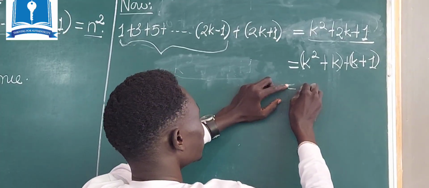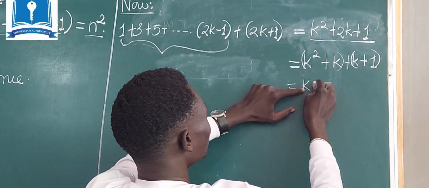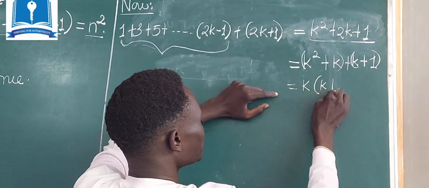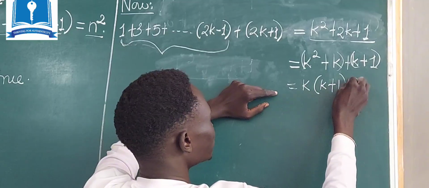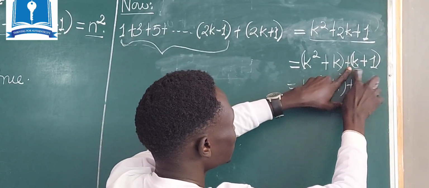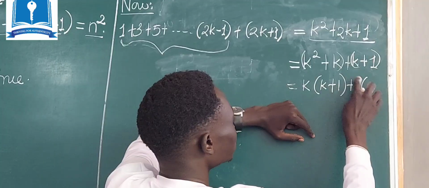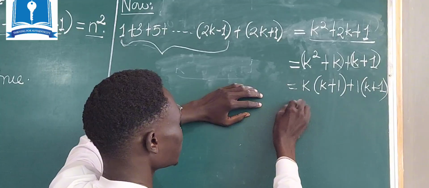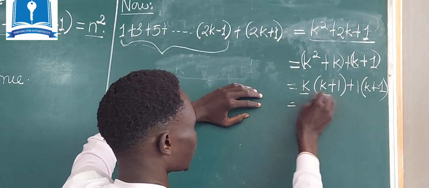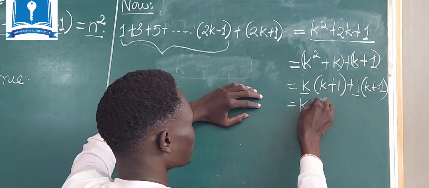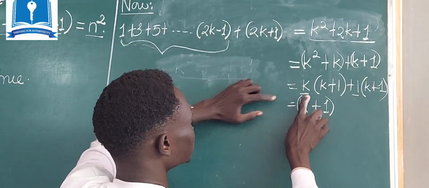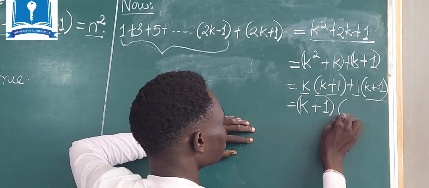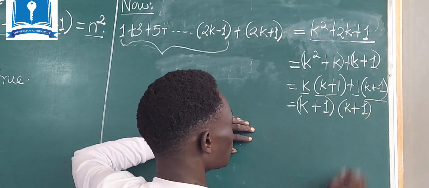So from here we are going to get k squared, you substitute this k, then from there we are remaining with 1k, then plus, here we are remaining with 1, then plus, here we are having 1. So from here we are getting k plus 1, of which now you take the outside numbers. We have k here, we have 1 here. So here we are getting k plus 1. Since this one and this one are the same, you take 1. So it will be k plus 1.